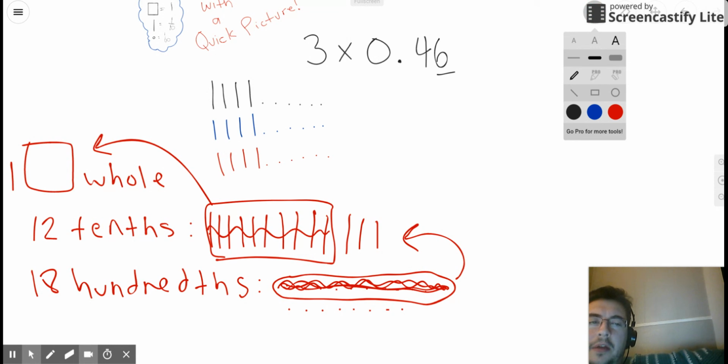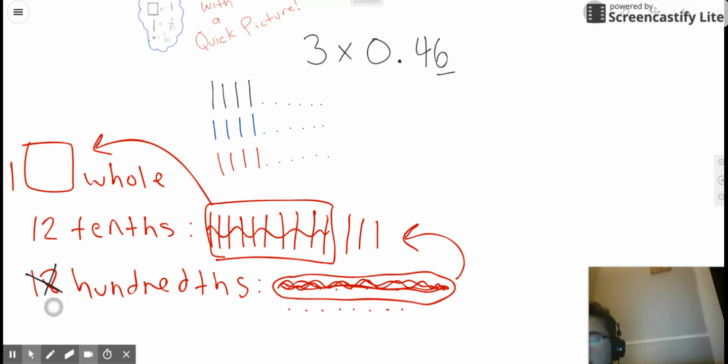And so now my product, or my answer here, is going to change a little bit. I have just 8 hundredths, and I don't have 12 tenths anymore. I have 3 tenths, and I have one whole.